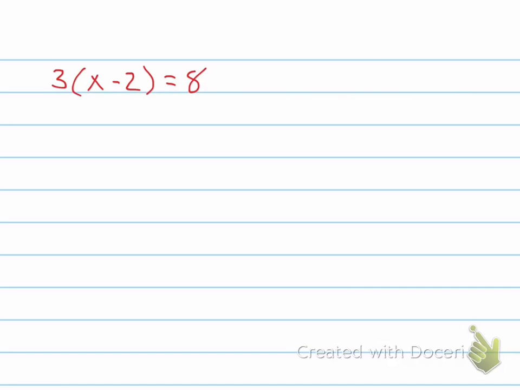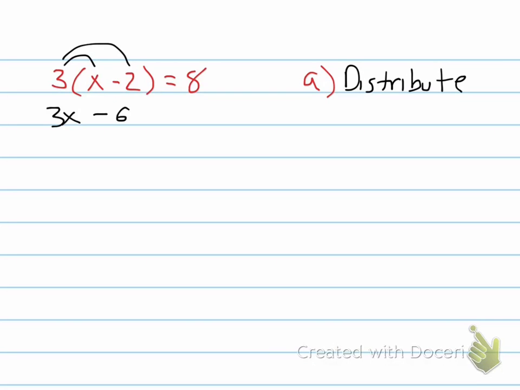Alright, so this is in your book. My first move would be to distribute. So I distribute, so it'll be 3x minus 6 equals 8. B, add 6 to both sides.